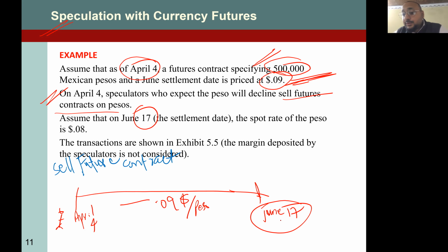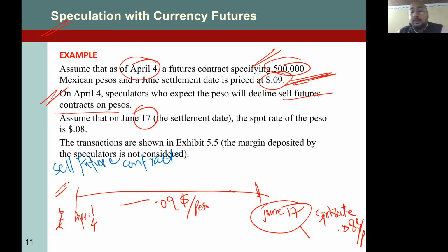And at the expiration of the contract, the spot rate is 0.08 dollar over peso. It means your expectations were true. Rates decline, right? You sell it.